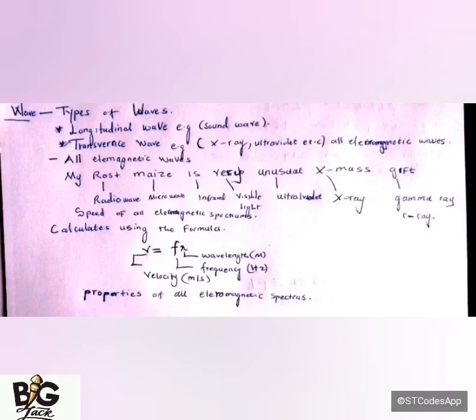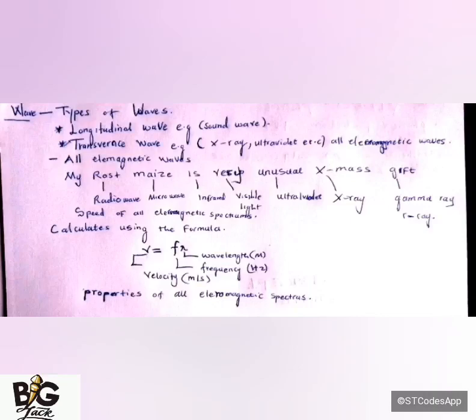M represents microwave. I represents infrared. V represents visible light. U, for unusual, represents ultraviolet. Xmas represents X-rays. The last one, gift, represents gamma rays.